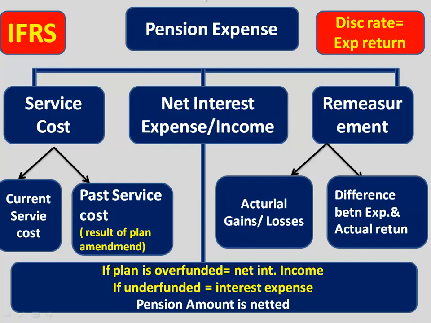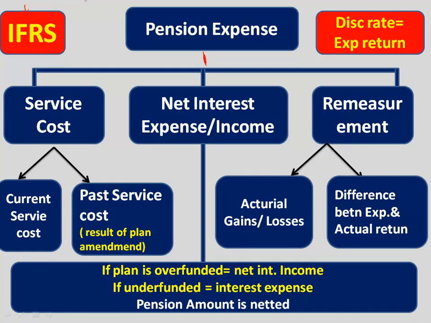Are you done writing so that I'll explain this? Alright, see. Your pension expense in IFRS is made of these components. Now, with IFRS, there is one thing that you need to remember, that your discount rate is exactly equal to the expected return.